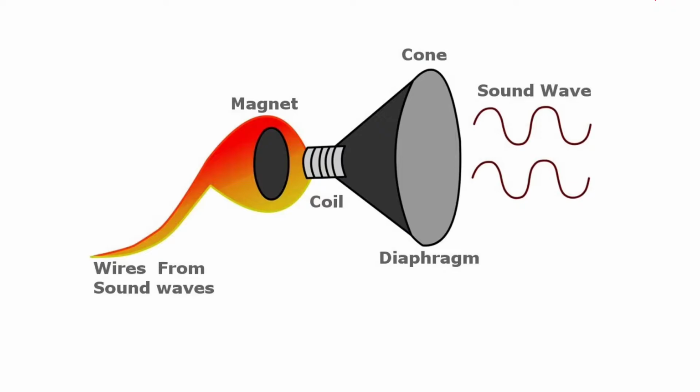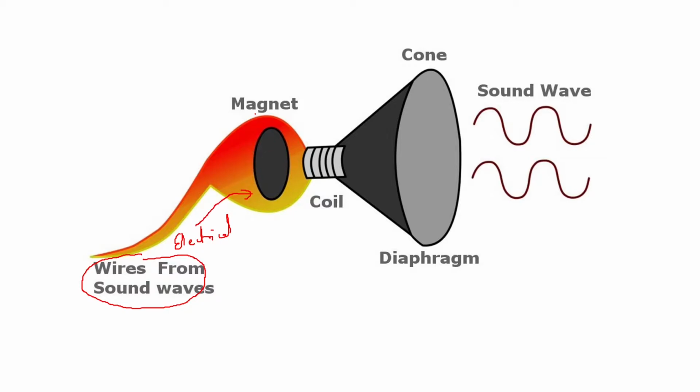If you see the diagram here, at the input there are sound waves which we are going to give in electrical form. So these are electrical waves, electrical energy that is going to go inside.